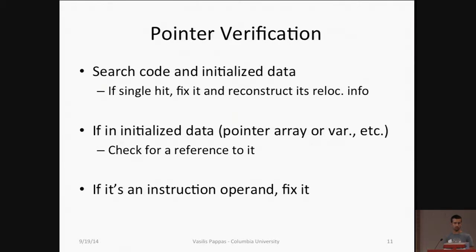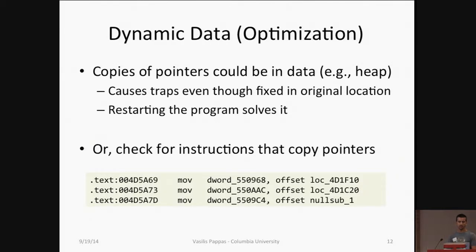On the other hand, for any hits we find in the code segment, we will try to verify whether it does belong to an instruction, probably as an operand, and then again go ahead and fix it and reconstruct the relocation information.